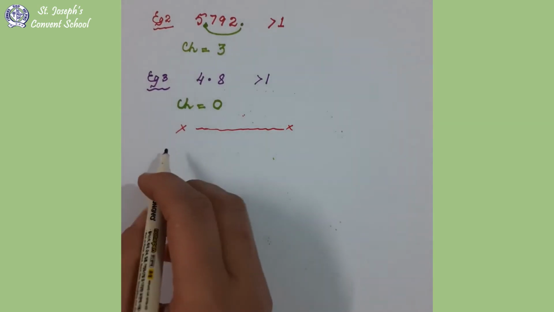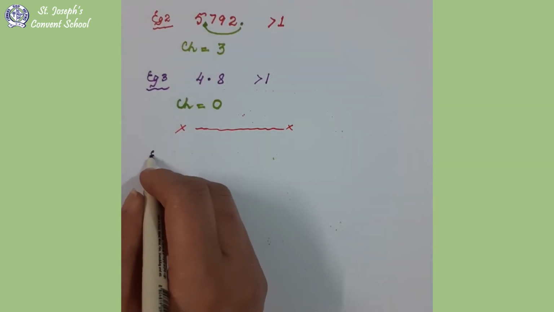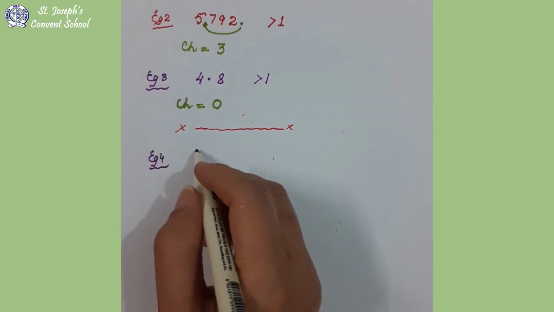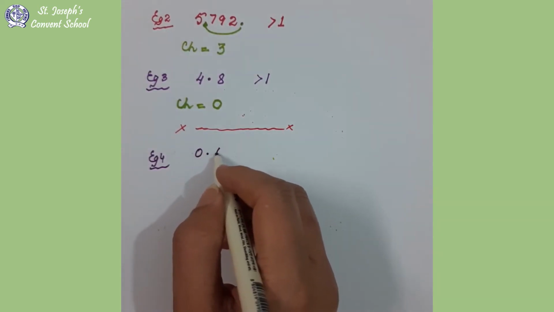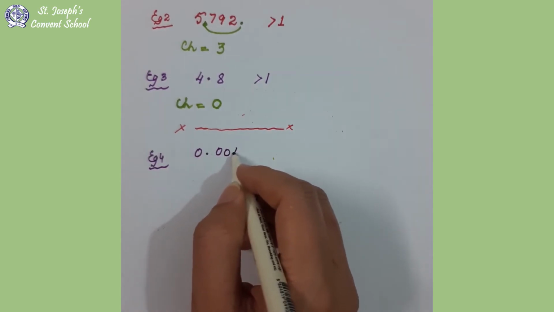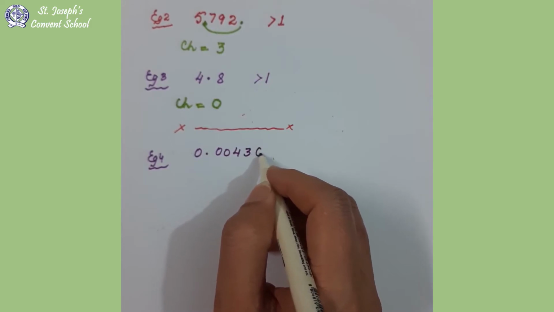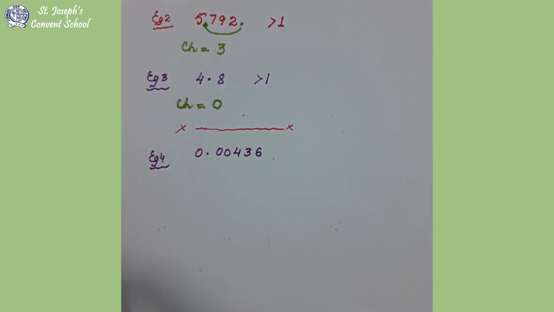Now suppose the number is, for example, 0.00436. Now in this case you have to shift the decimal.